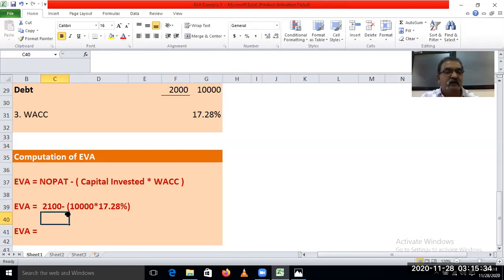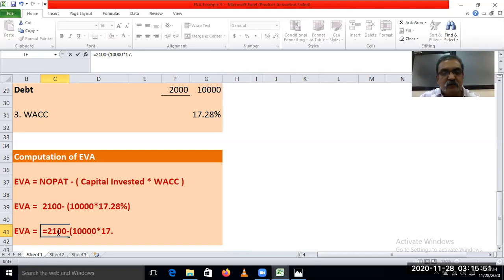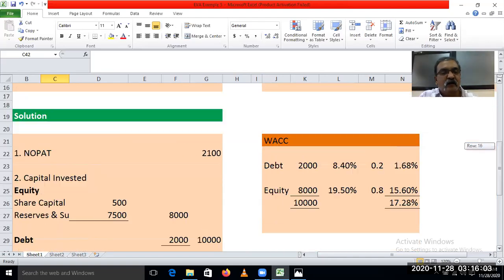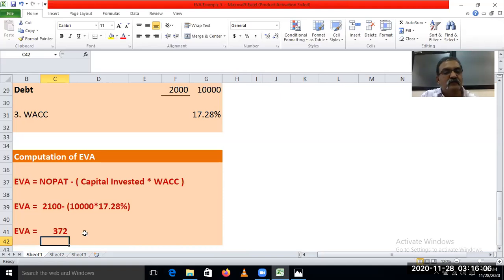So 2,100 minus 10,000 into 17.28%. I am solving with the help of Excel; you can solve it with a calculator. 2,100 minus bracket 10,000 into 17.28% bracket complete is equal to 372. All amounts are in crores. So the answer for EVA is 372 crore. I hope you have understood this one.